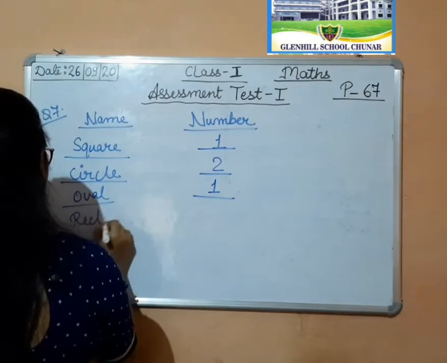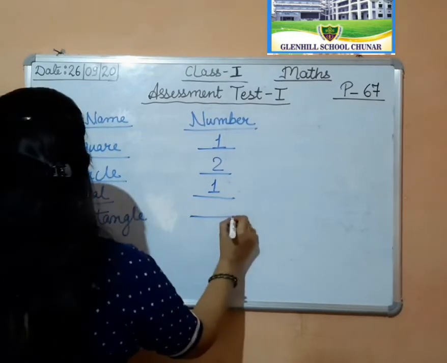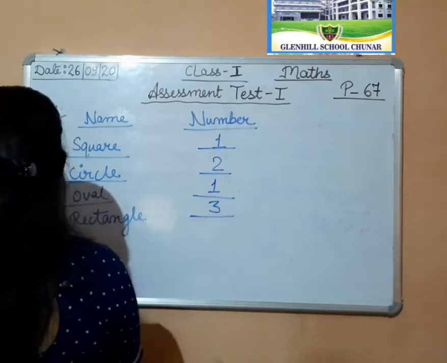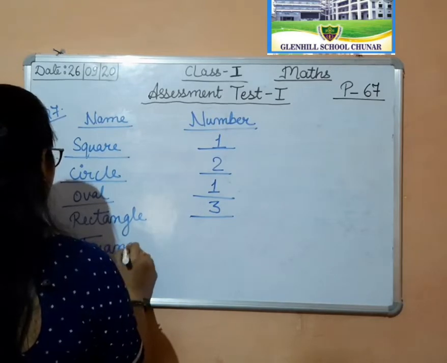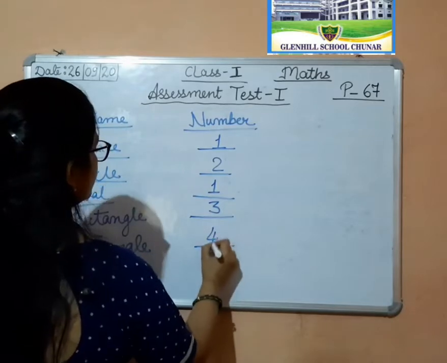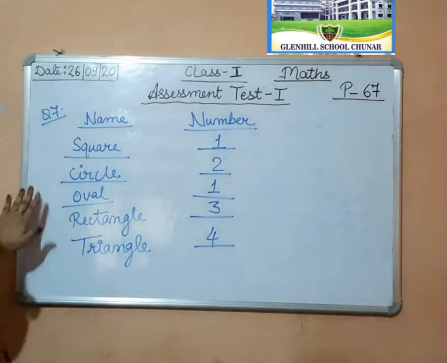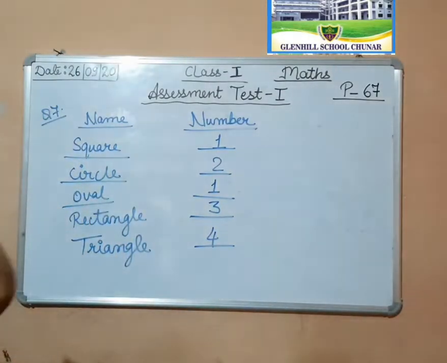Rectangle is 3. Triangle is 4. Okay, so write down the shapes, names and numbers.